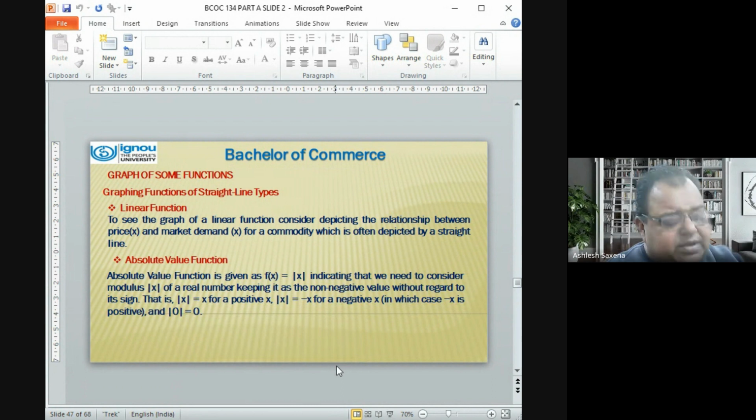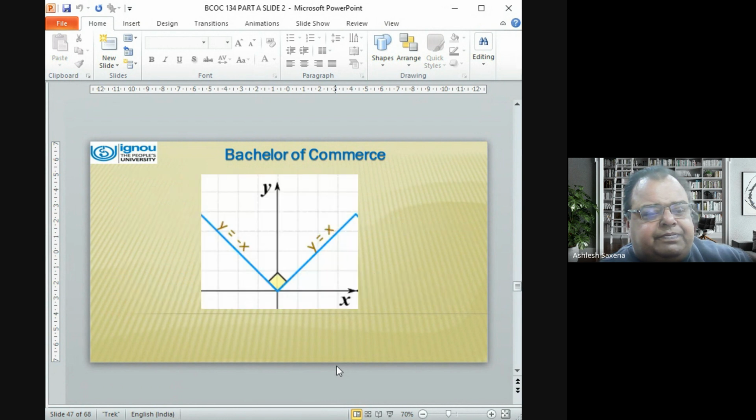Positive will remain positive, and for a negative value, its answer will be positive. In that case, its graph will be V shaped. Whatever the value of x you take, your answer will be a V.